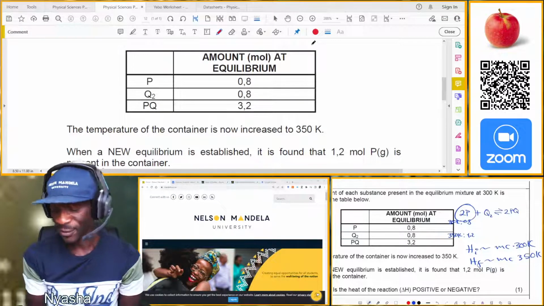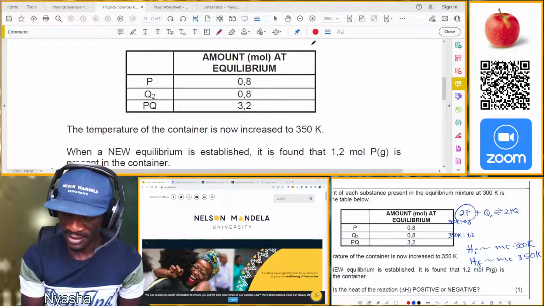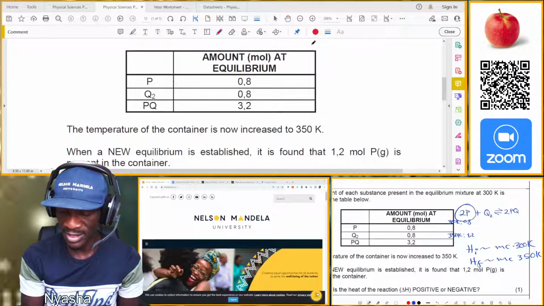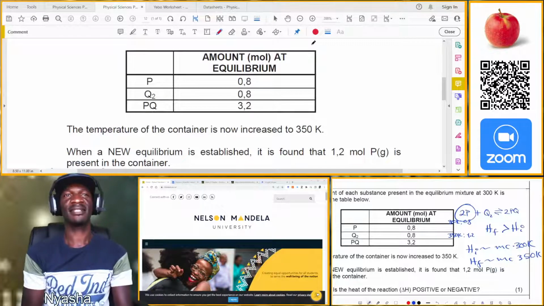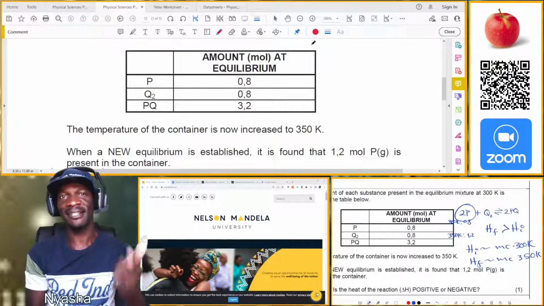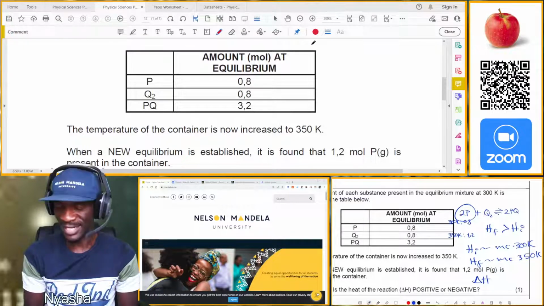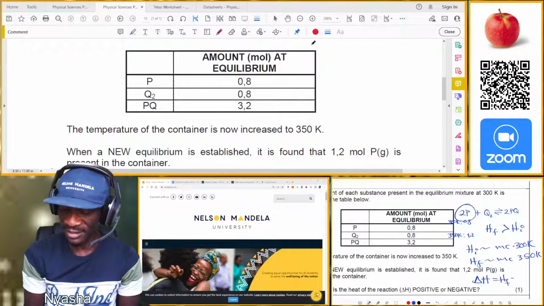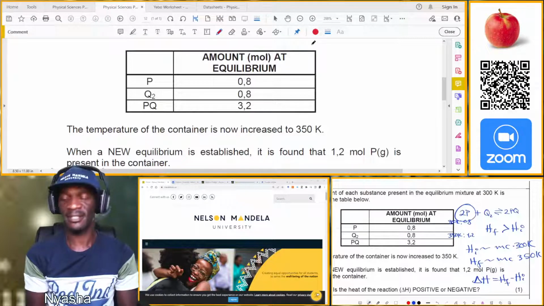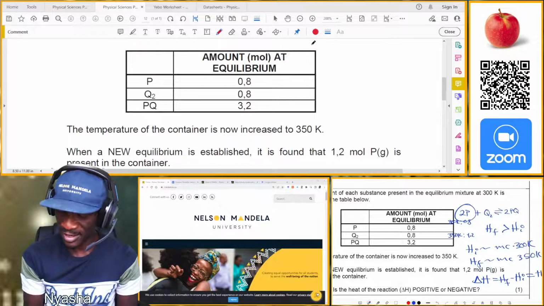This obviously shows that the final is greater than the initial. Heat final is greater than heat initial. If the heat final is greater than heat initial, our delta H is equal to heat final minus heat initial, isn't it? And if heat final is greater, then it means this is a plus delta H.